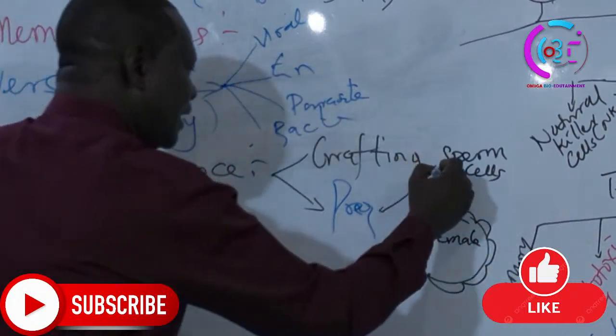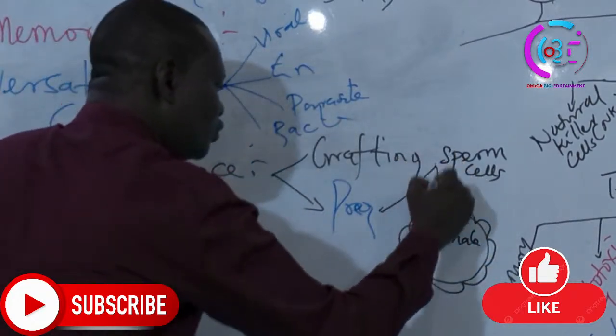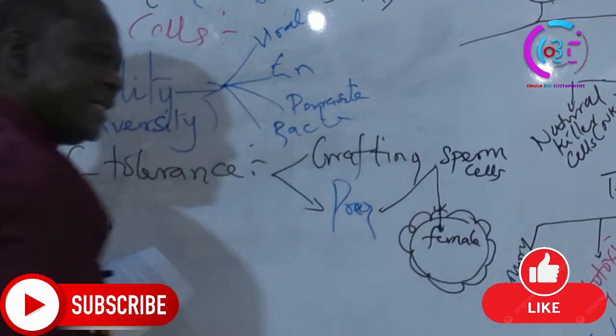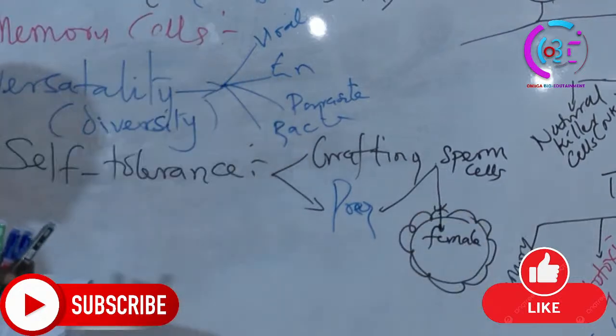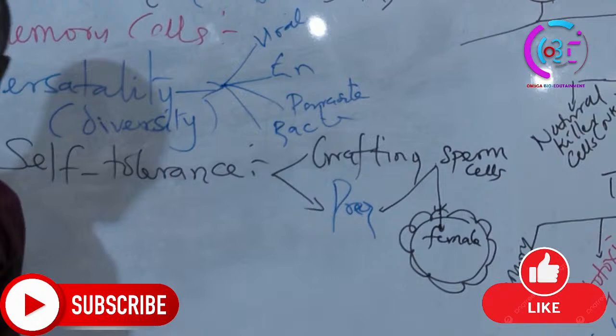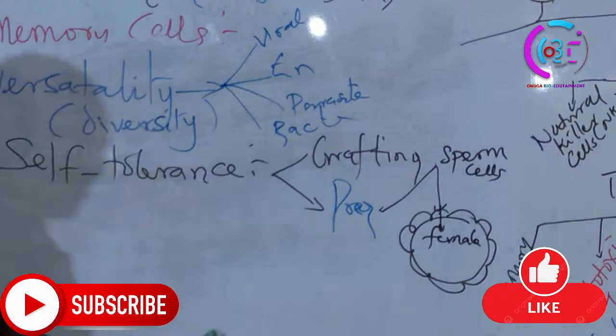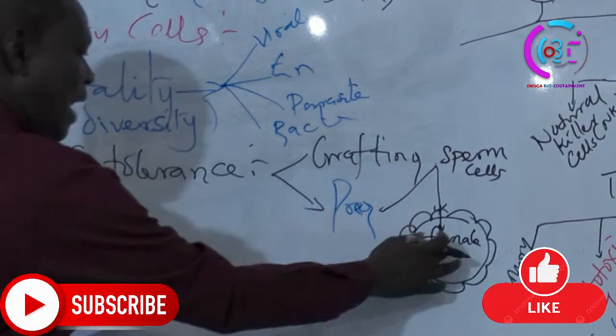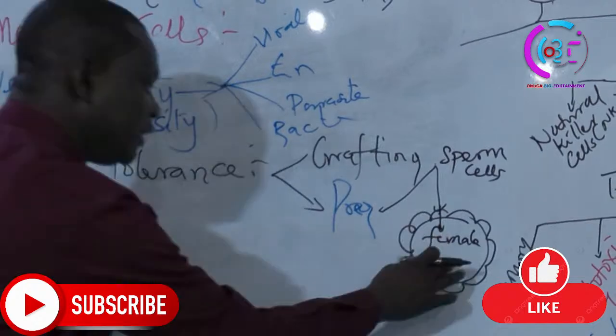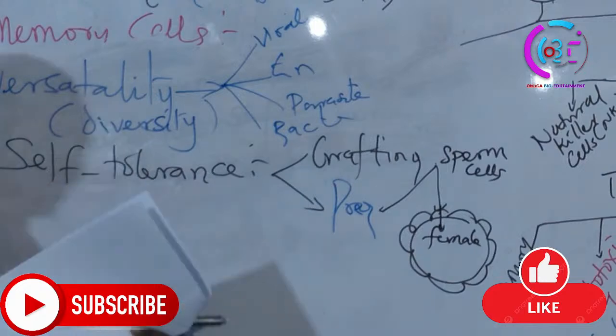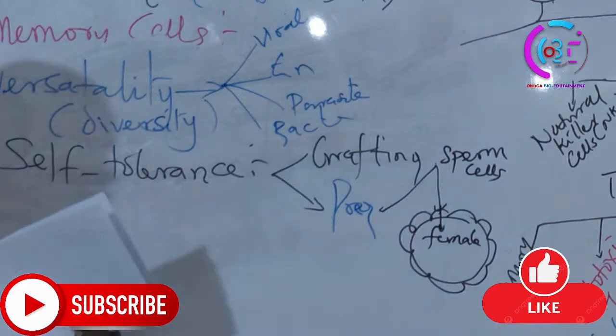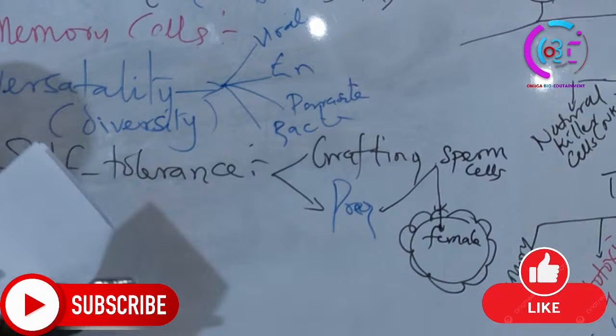Any cell that this one is going to tolerate, it is going to regard it as self, part of us. So we do not need to fight against each other. And once it is able to tolerate it, that's when the fetus can differentiate and grow until we now have a complete human.